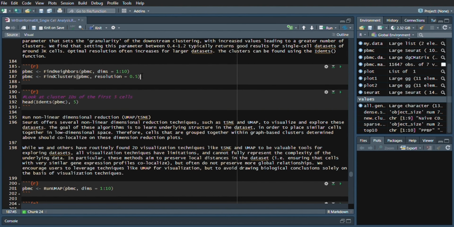This algorithm constructs a graph where each cell is connected to its closest neighbors based on the selected principal components. Then the algorithm calculates the shared nearest neighbor, or SNN, graph, which refines the k-nearest neighbor graph by adjusting edge weights based on the overlap of local neighborhoods.